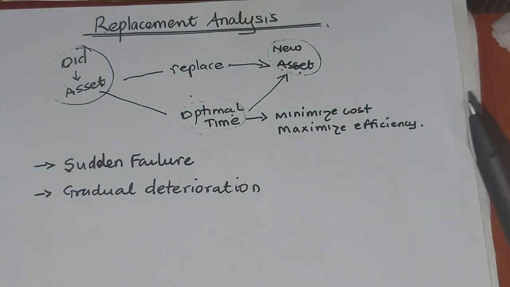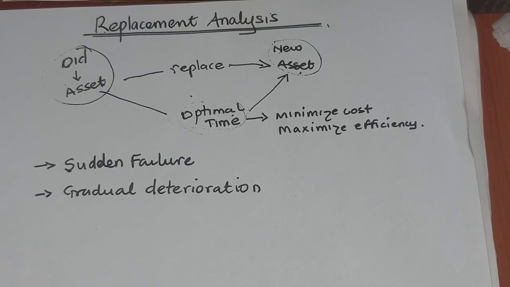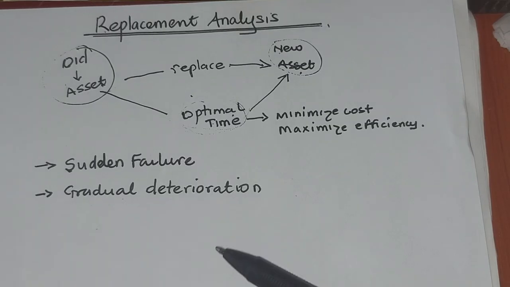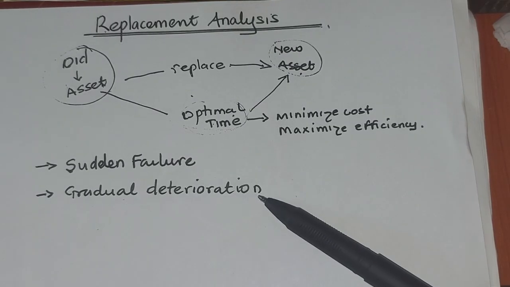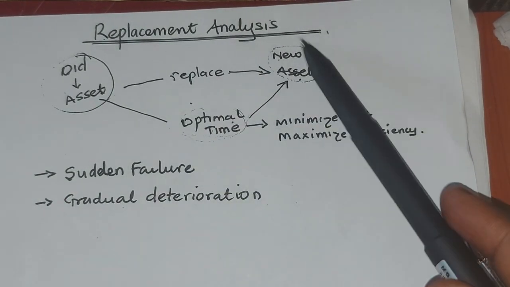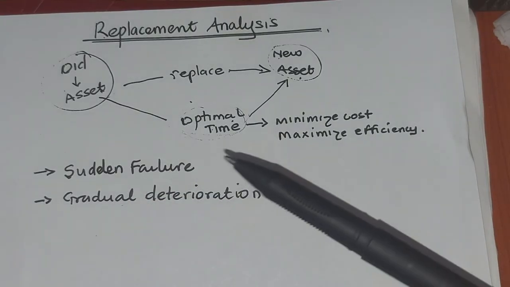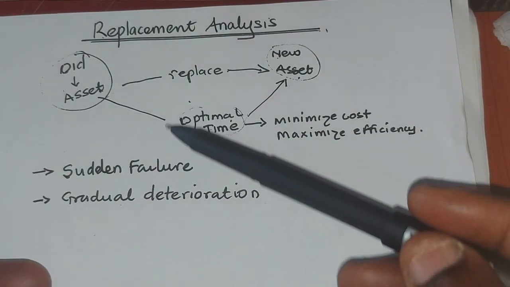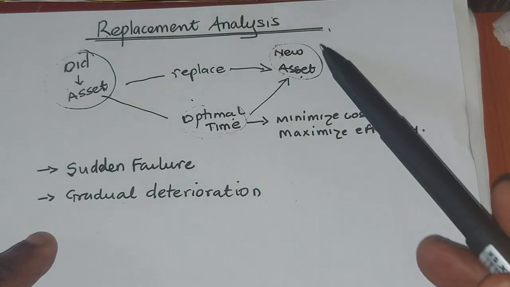Like all these big machines, they continue to lose their value as we use them, and at the same time, the maintenance costs begin to increase. So replacement analysis, we use it to determine the best time to replace such assets.